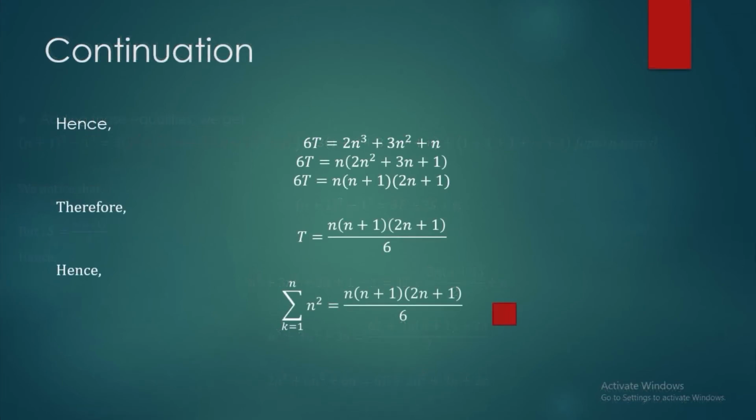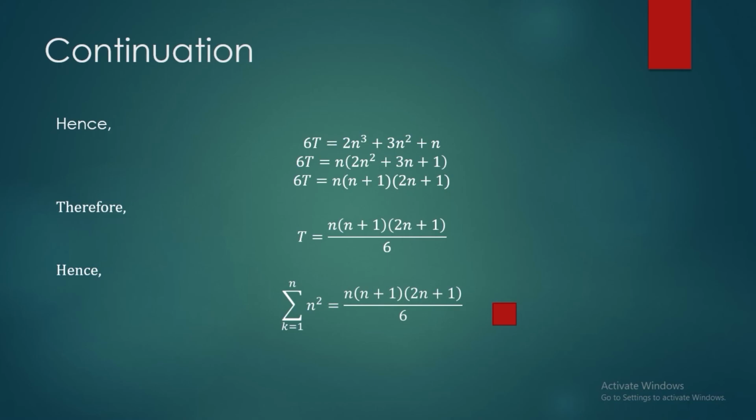So at last we solve for 6t and we have 6t equals 2n cubed plus 3n squared plus n, which we can factor out the n and we get 6t equals n times (2n squared plus 3n plus 1), which we can further factorize as 6t equals n times (n plus 1) times (2n plus 1).